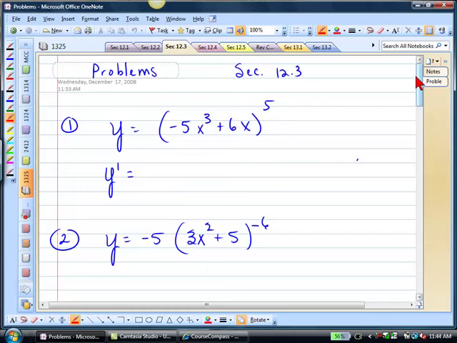Okay. They, of course, start out fairly easy. So what's this going to be? 5 times what's in here to the what power? 4 times, what's the derivative of this guy?